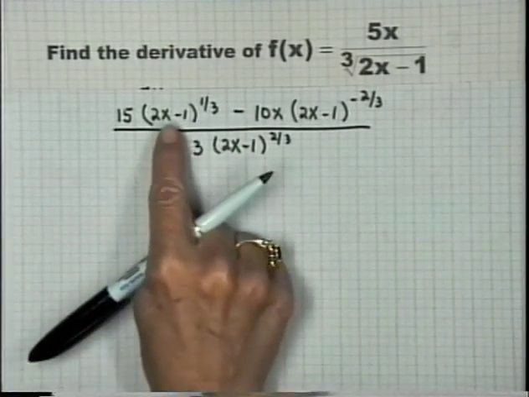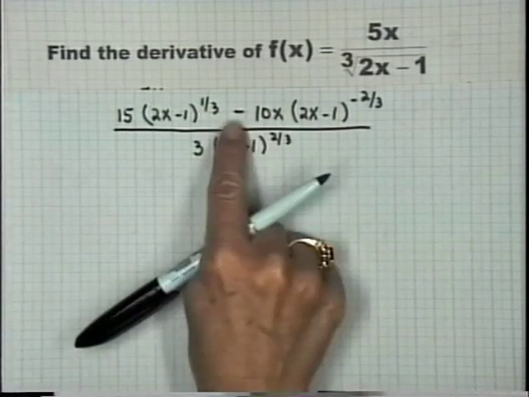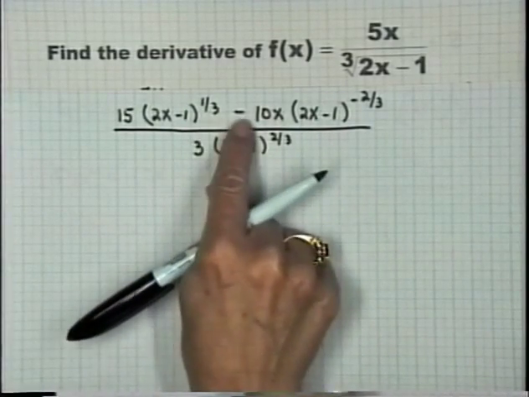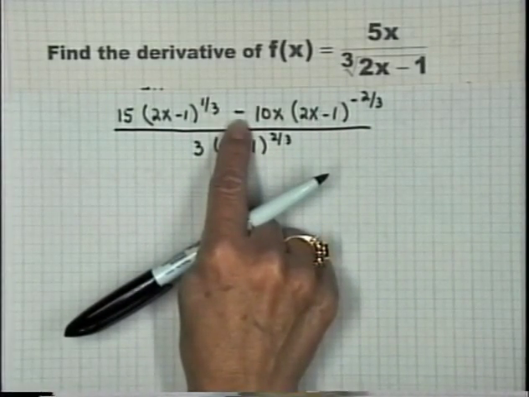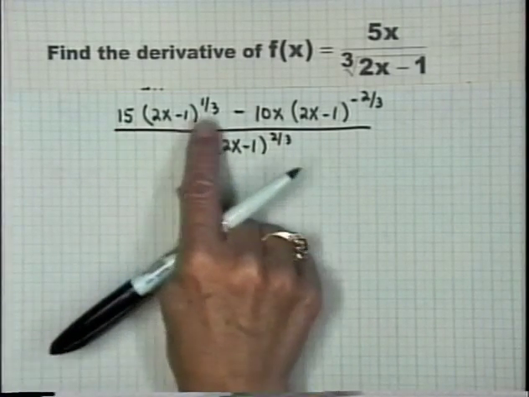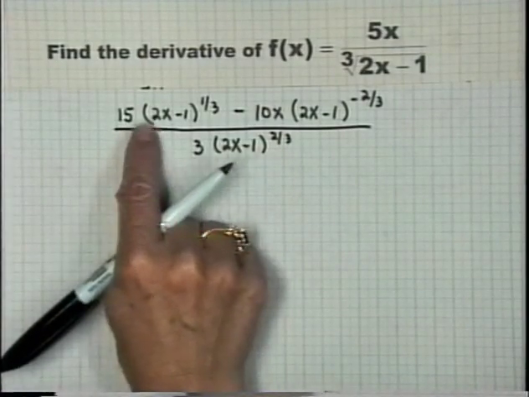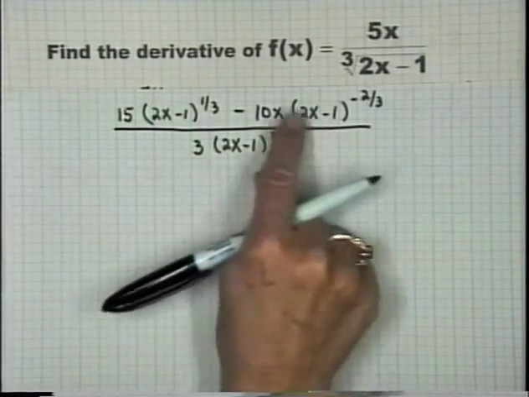Okay? Now, I have this 2x minus 1 to a power in both of my terms on either side of this subtract. So I know I can take out a power of 2x minus 1. I also noticed that I could factor out a 5, but usually this first time I only worry about this complicated part right here.